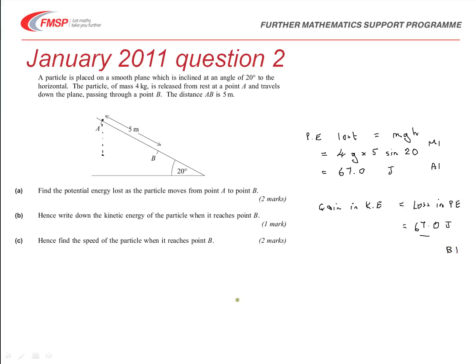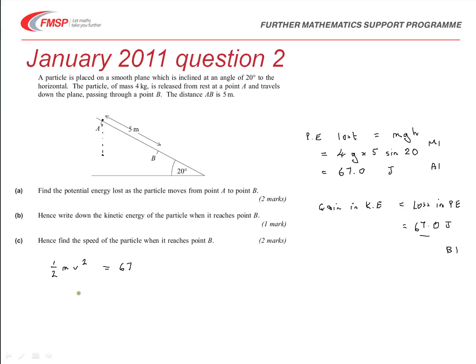Finally it says, hence find the speed of the particle when it reaches B. Well, as we said, its initial kinetic energy at A was 0. Its final kinetic energy, we can say, is a half mv squared. So a half mv squared, where v is the speed at B, will be equal to 67.